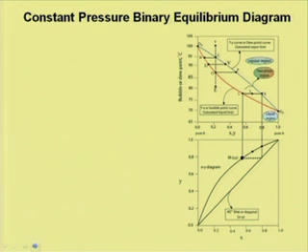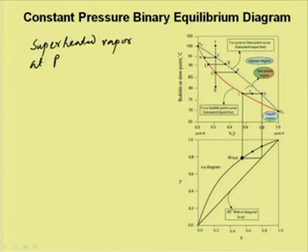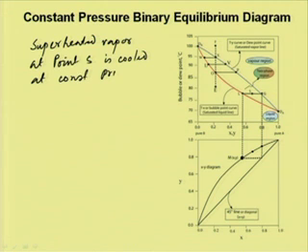Now, if some amount of superheated vapor, say at point S, is cooled at constant pressure, what will happen?